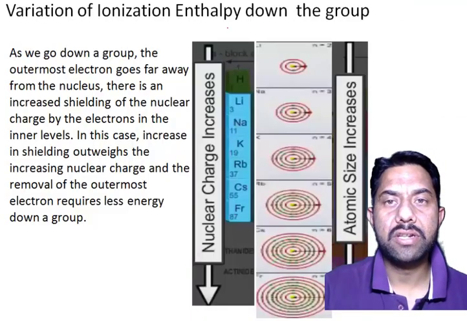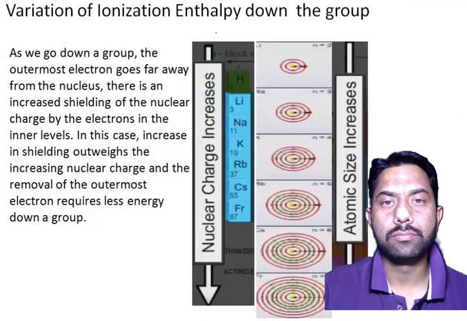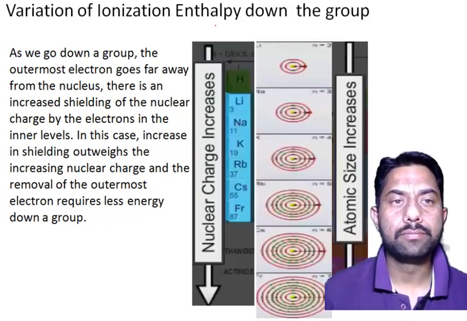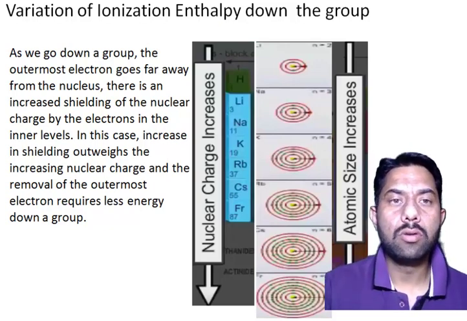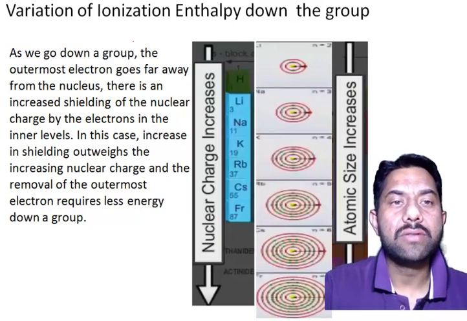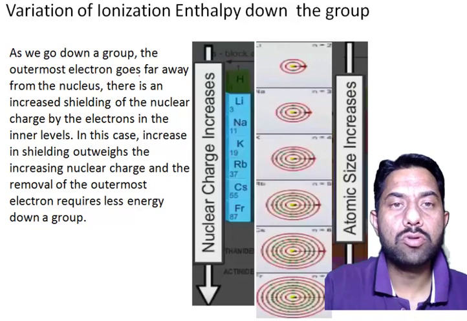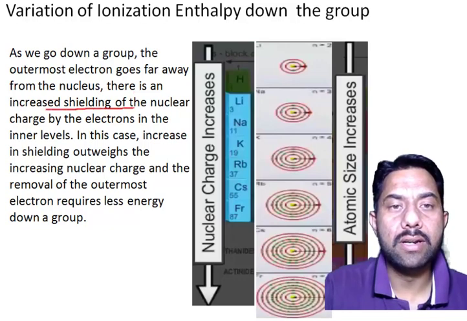Variation of ionization enthalpy down the group. Ionization enthalpy goes on decreasing as we move down the group, because the outermost electron goes away from the nucleus. Due to this, there is an increased shielding effect of the nuclear charge by the electrons in the inner layers.